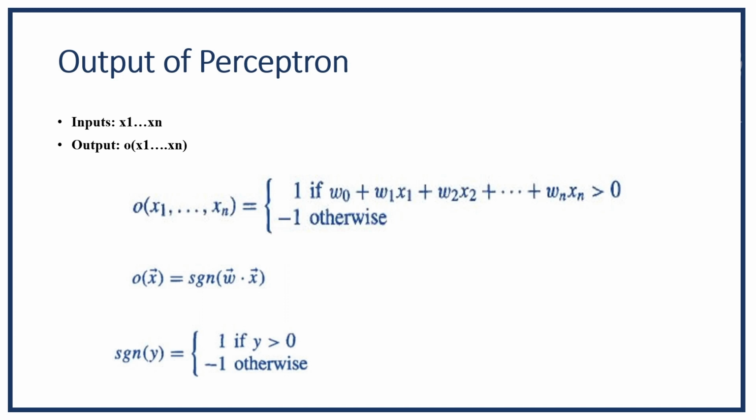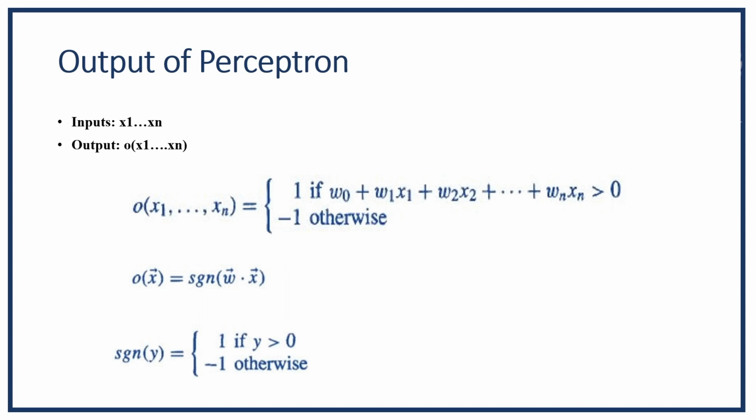Weight wi is the contribution of input xi to the perceptron output. w0 over here is bias or threshold. If summation of w dot x is greater than 0, output will be plus 1, else it will be equal to minus 1. The neuron gets triggered only when weighted input reaches a certain threshold value.